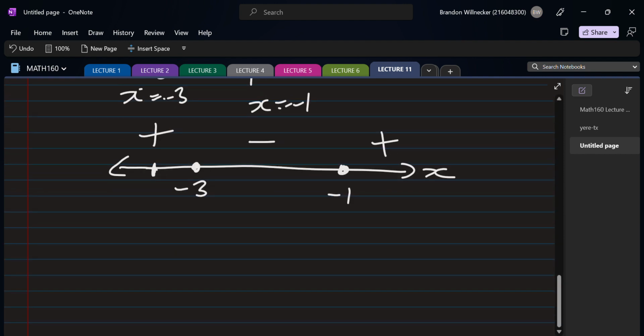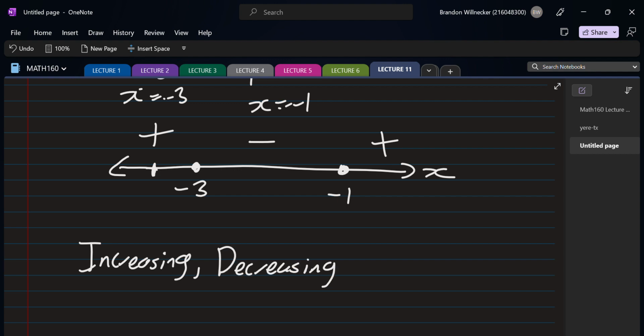Okay, now we're going to read this as the plus means it's increasing. Then at -3 is a turning point. Then from -3 to -1, it's decreasing, so we write decreasing. Then -1, that's another turning point. And then after -1, it's increasing again.